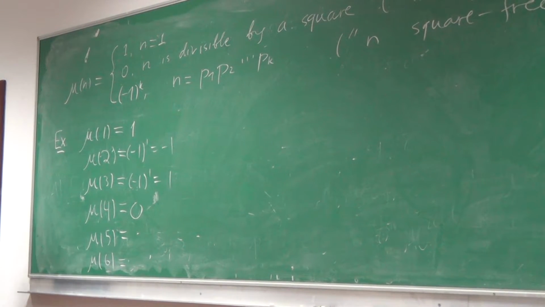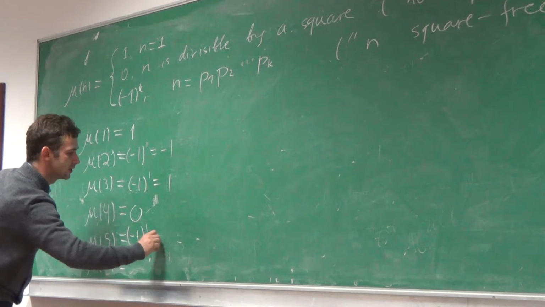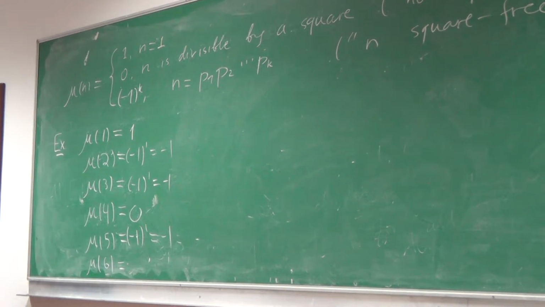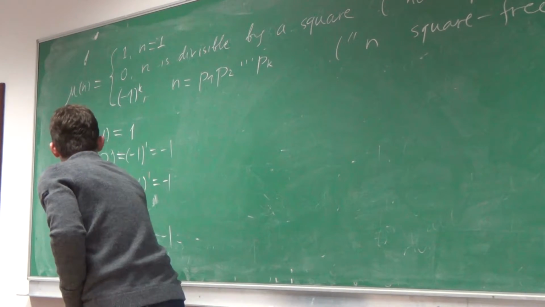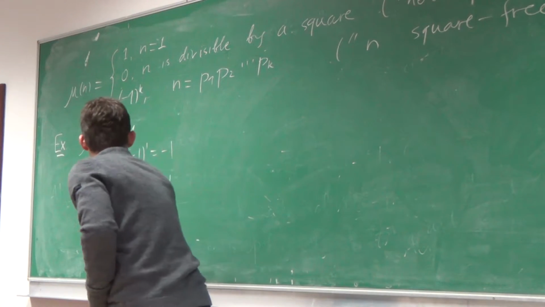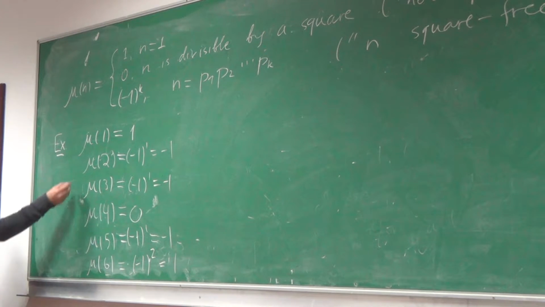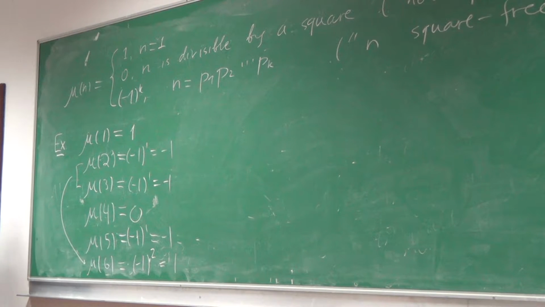And 5 again is a prime, so it's the same situation. Finally 6 is slightly different because we have 2 times 3, so it's minus 1 squared because there are 2 prime factors, so it's 1. It also makes sense that the function is multiplicative, so this times this gives us this.